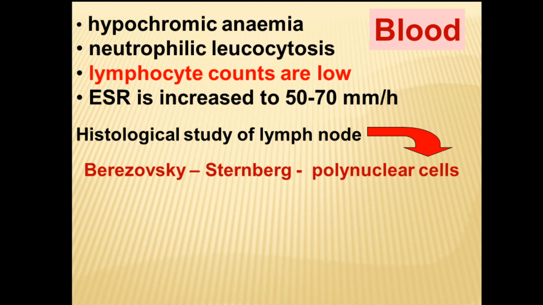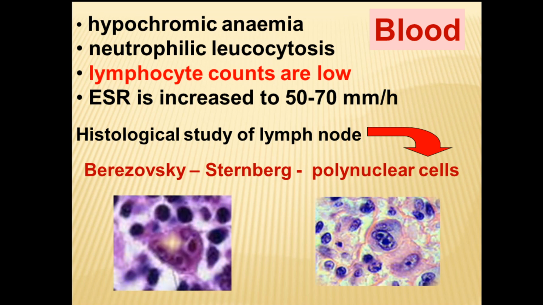Histological examination of lymph nodes is obligatory, and when we reveal polynuclear cells, named Berezovsky-Sternberg cells, we are talking about lymphogranulomatosis. You see lymphocytes with 2-3 nuclei, polynuclear lymphocytes.